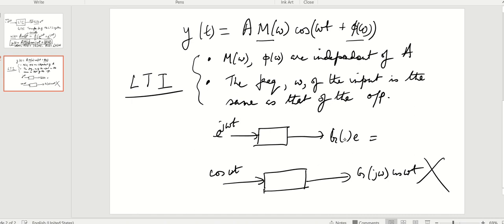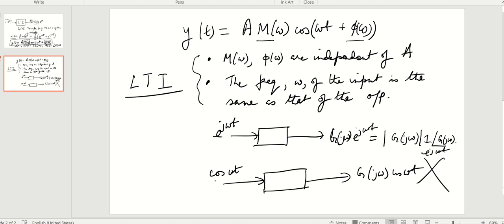Then you can write the output as mod of G(j omega) times a unit vector with angle of G(j omega), times e to the power j omega t. You can write it like this, but in case of the sinusoid, you cannot do that analogous thing.